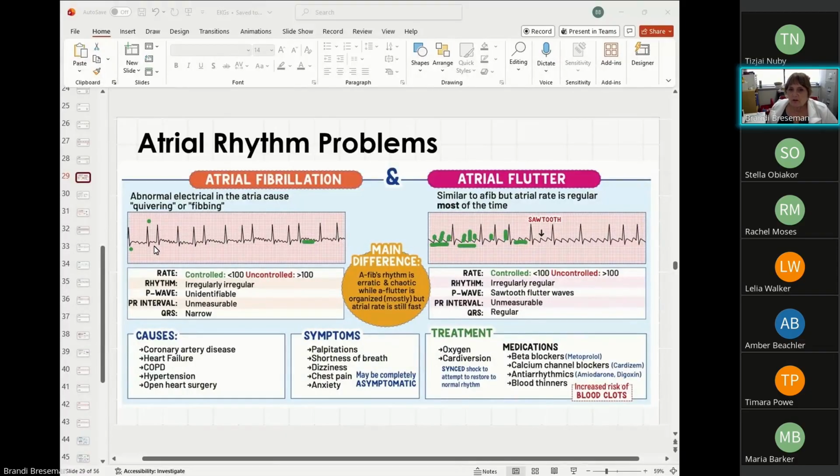And they will call that atrial fibrillation with rapid ventricular response, or AFib with RVR, because we like to talk in acronyms in medicine.